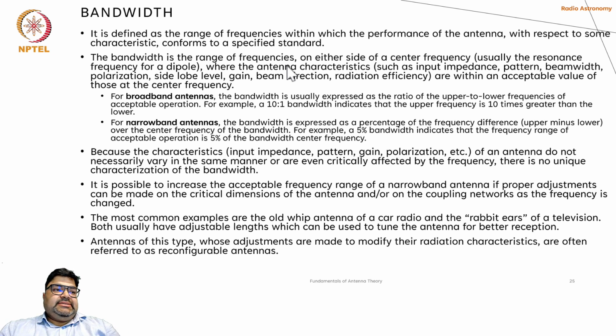The range of frequency where the important antenna characteristics like the efficiency, the primary beam pattern, radiation pattern, antenna impedances, polarization, etc. are within a desired value, that frequency range is equal to the bandwidth of the antenna.